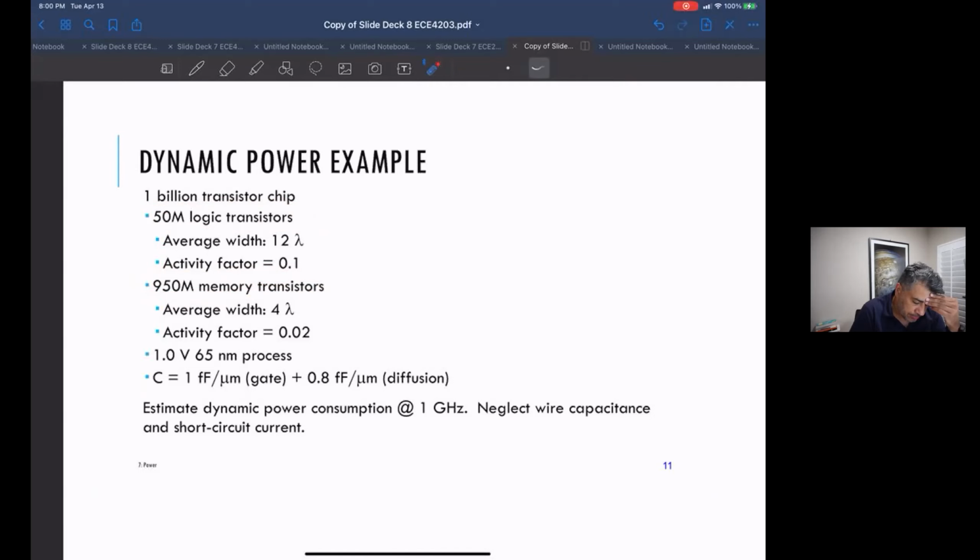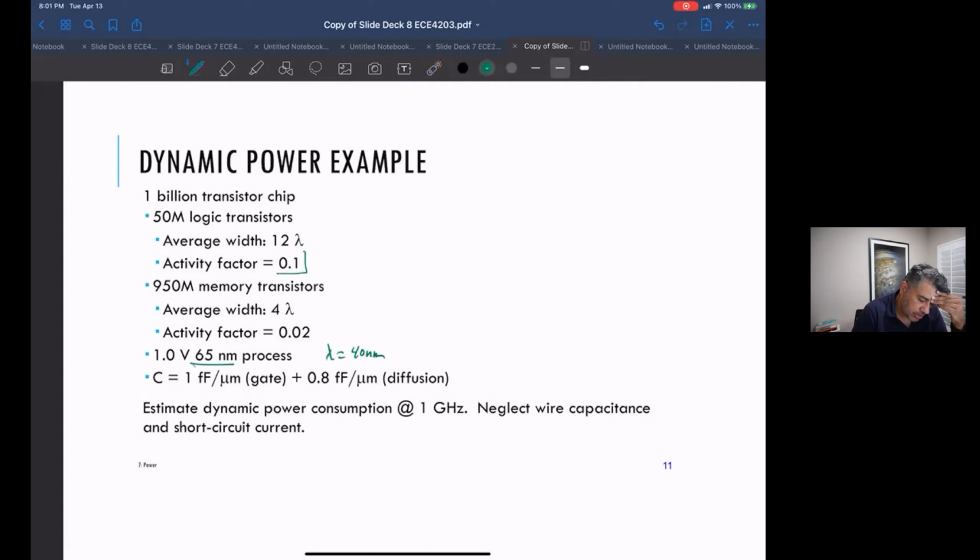The average size of the transistors in your logic circuits is 12 lambda. It's a 65 nanometer process, so what is lambda? Let's call it 40 nanometers, based on lambda-based rules.